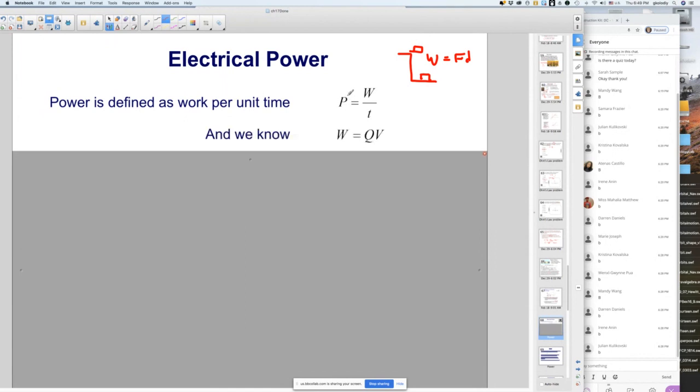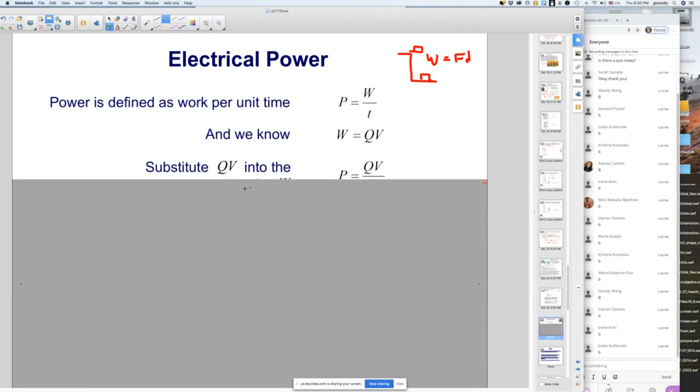Now we can write a couple of other equations related to power, knowing that the work done is also the energy. The work done is also given by Q times V, if you remember. So we substitute Q times V for W over here.